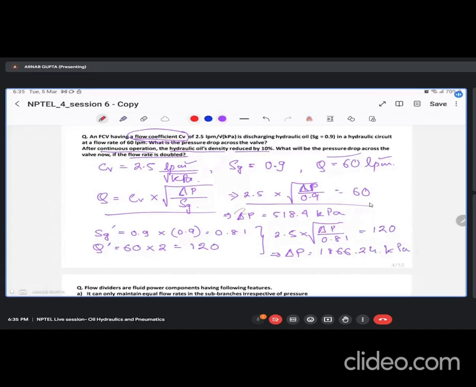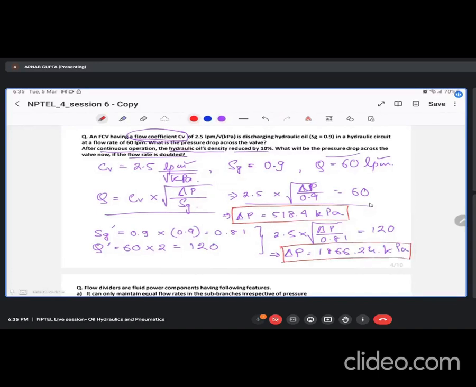So as you can understand, as we are increasing the flow rate, the delta P across the valve is also increased. Or we can interpret it the other way around.